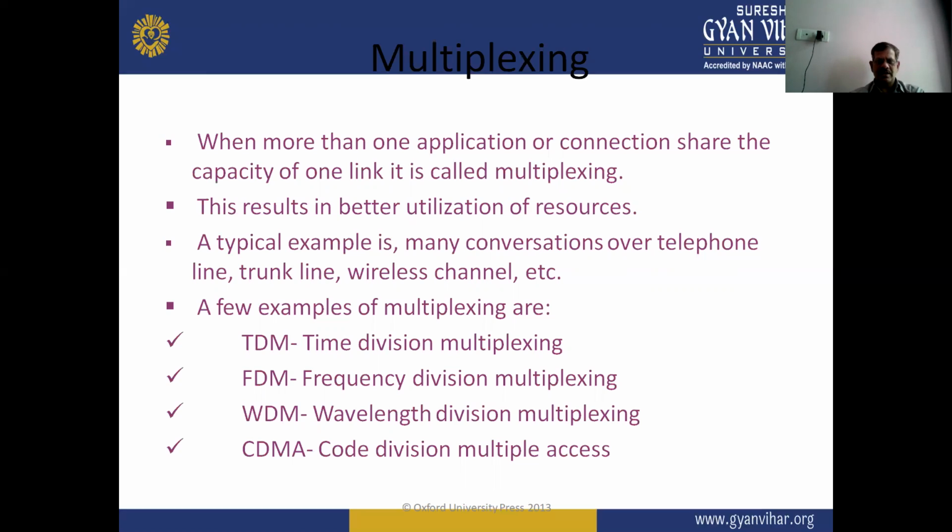This results in better utilization of resources, and a typical example is many conversations over telephone lines, trunk lines, wireless channels, etc. A few examples of multiplexing are TDM, time division multiplexing; FDM, frequency division multiplexing; WDM, wavelength division multiplexing; and CDMA, code division multiple access.